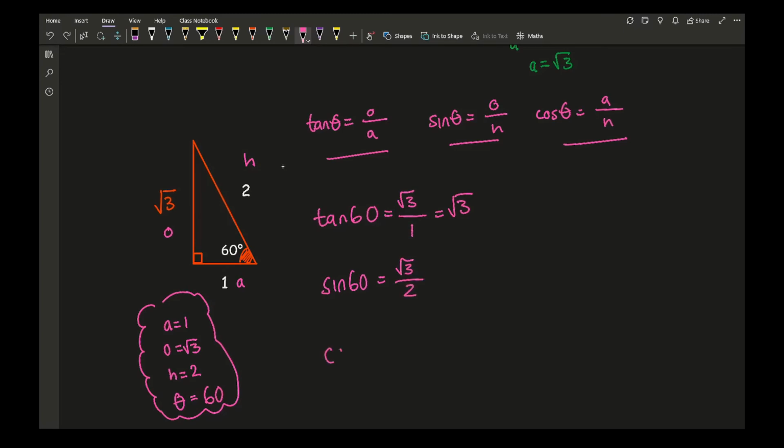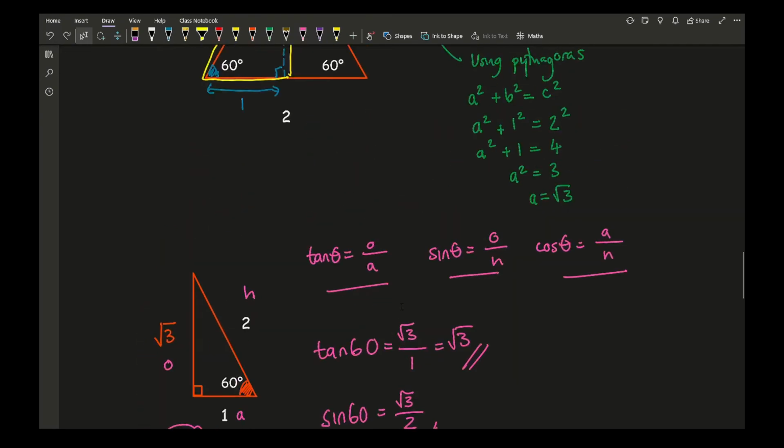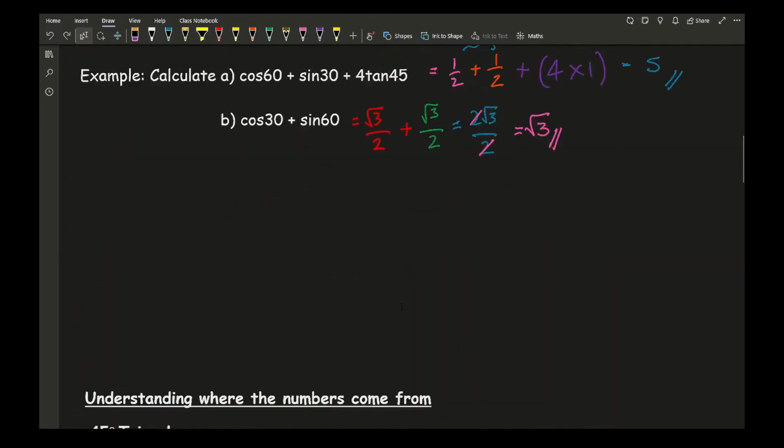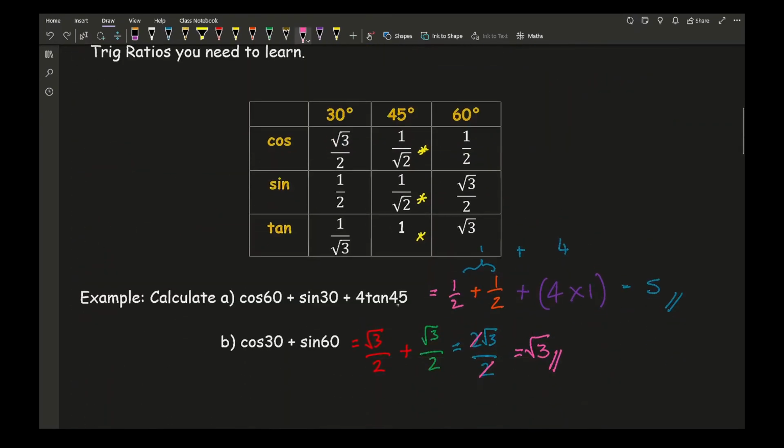And I've got cos 60, which is adjacent over hypotenuse, so I've got 1 over 2. So here are my next three values. And if I scroll back up to my table, you can see that's where I've got these three values from.